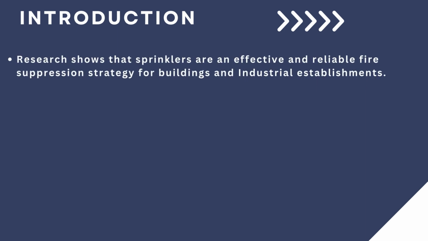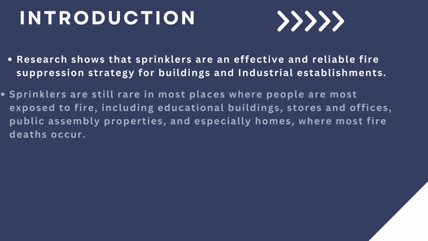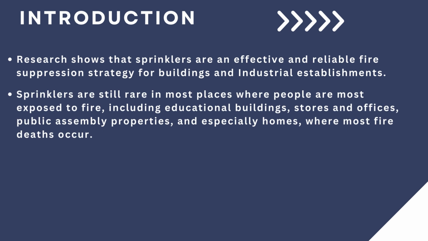Research shows that sprinklers are an effective and reliable fire suppression strategy for buildings and industrial establishments. Sprinklers are still rare in most places where people are more exposed to fire, including educational buildings, stores and offices, public assembly property, and especially homes, where most fires occur. Sprinklers are 87% effective.